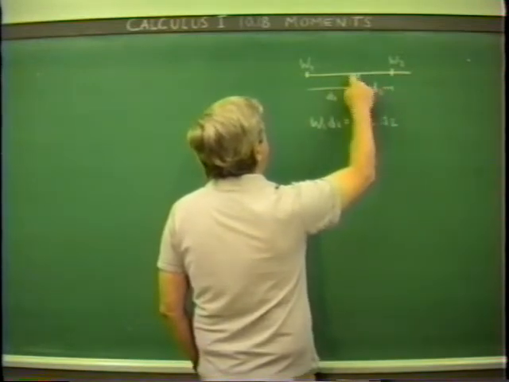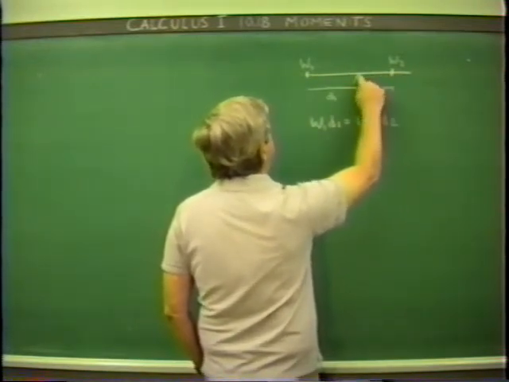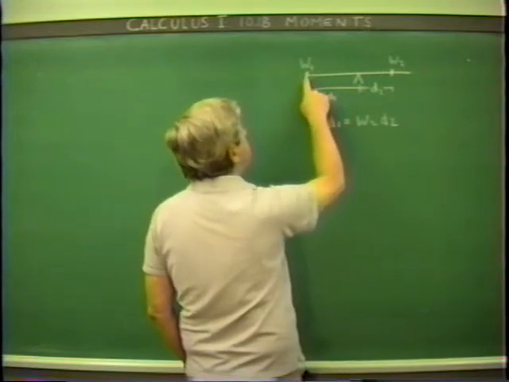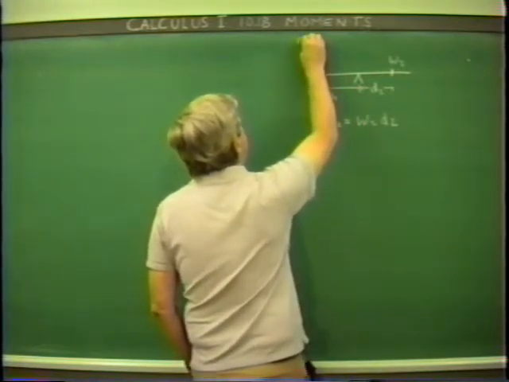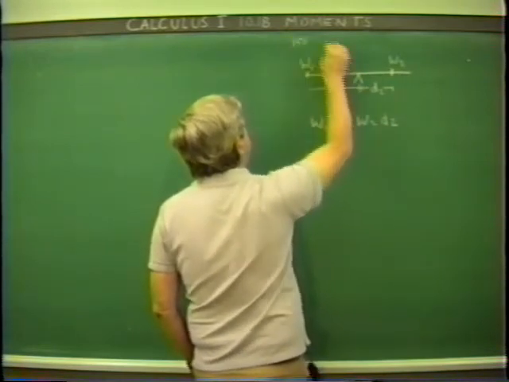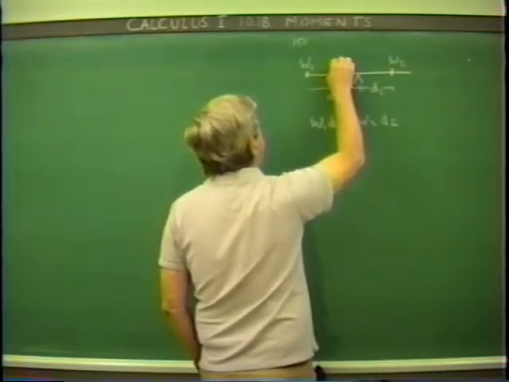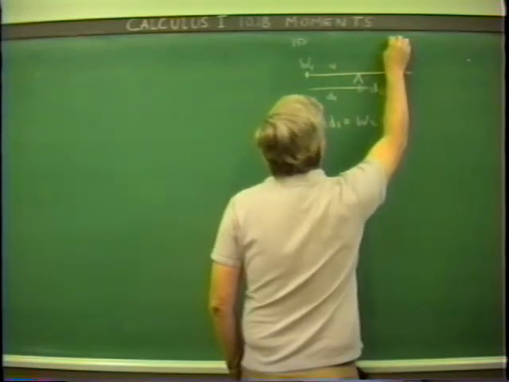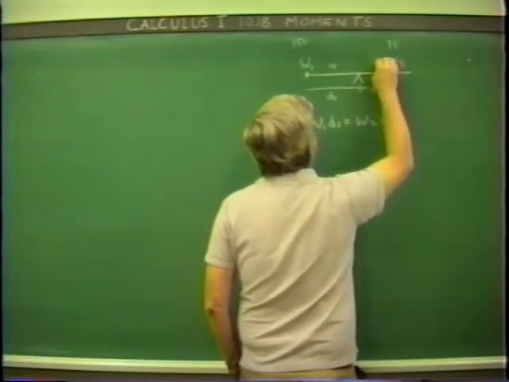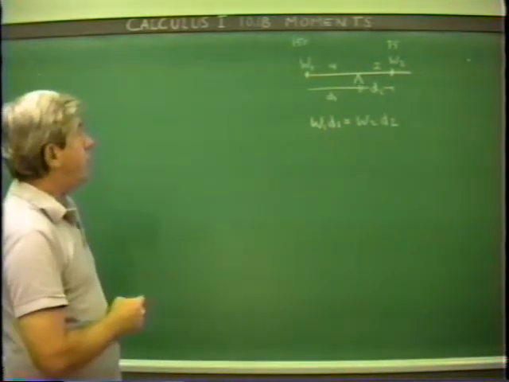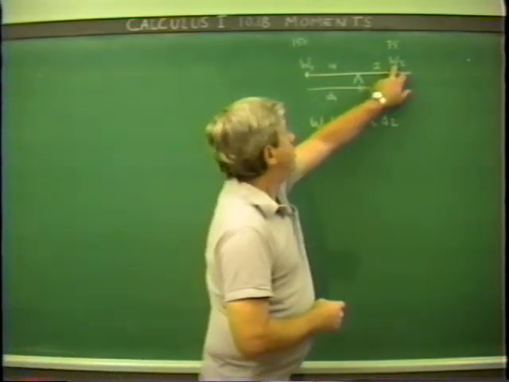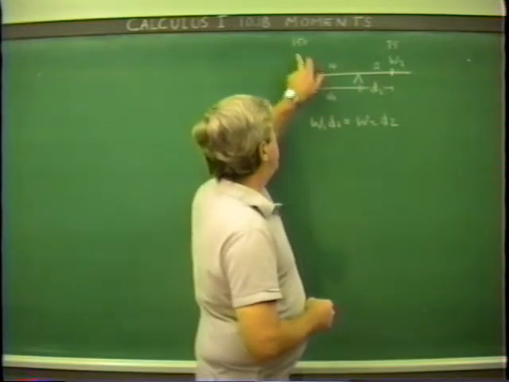And there are a couple of ways of justifying that, but it's perhaps just easiest to take this as a fact. That's to say, if a heavy weight is put out here and a lesser weight is put closer, it's not going to balance. If, for example, this is 150 pounds at 4 feet, that will balance with someone weighing 75 pounds at 2 feet.